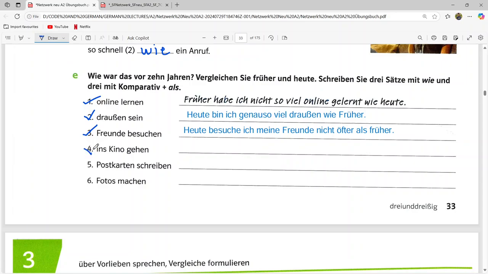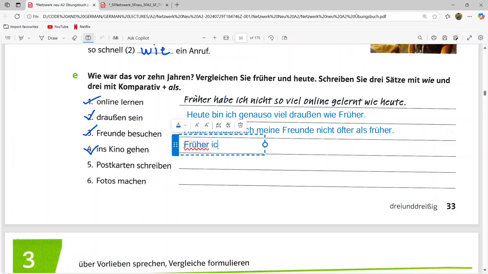Next one, ins Kino gehen. Previous and now. Okay, so previously we used to be happy and now we are not happy watching cinema in the Kino, because in the house there is much more options. So we can say like this, that I am saying for myself.